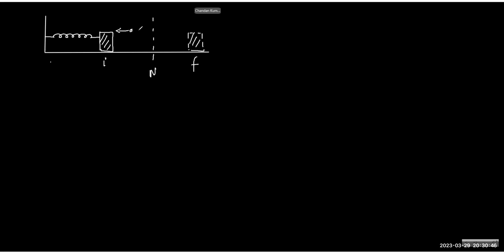I am giving you this is A, this is B, because I is given, F is given. Could you please tell me what is the work done by spring? If you can answer it, you're very close to the answer. So, what is the answer?